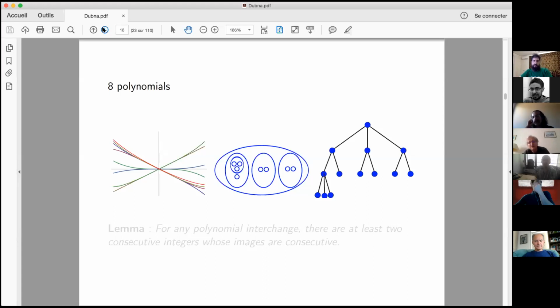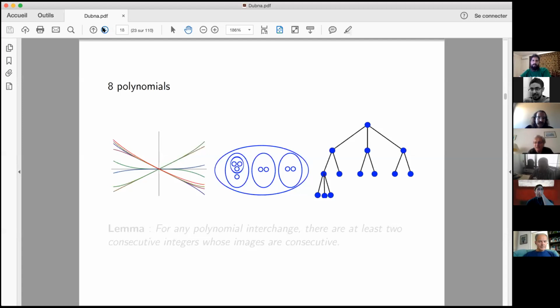And on the right, I drew the same picture using some kind of combinatorial tree. On the root are the 8 polynomials. Then on the first level of my tree, 3 points corresponding to 3 equivalence classes, corresponding to 3 possible first derivatives.